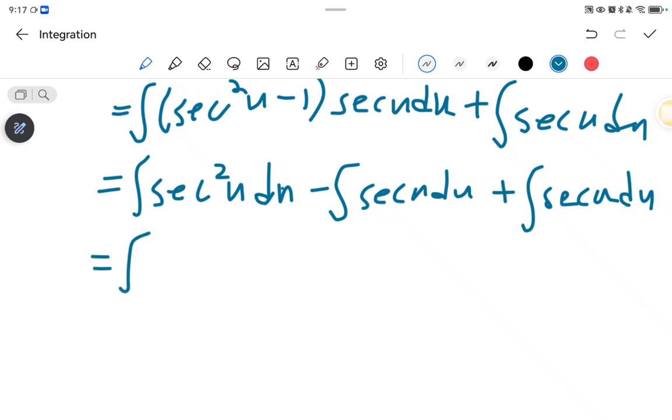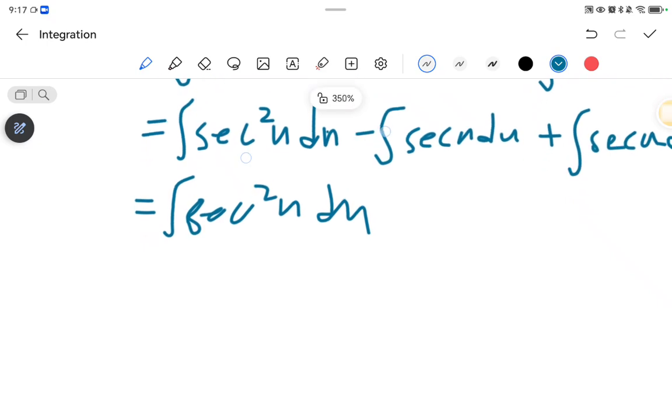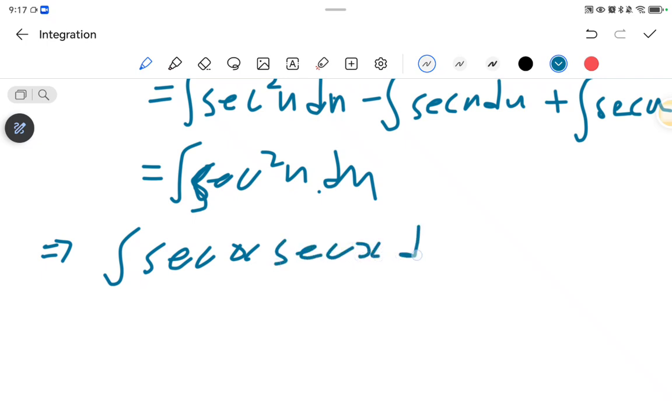the integral of sec^2 u du. And then in this case, if I integrate sec^2 u du, I'm going to have, let's see, integral of sec u du.